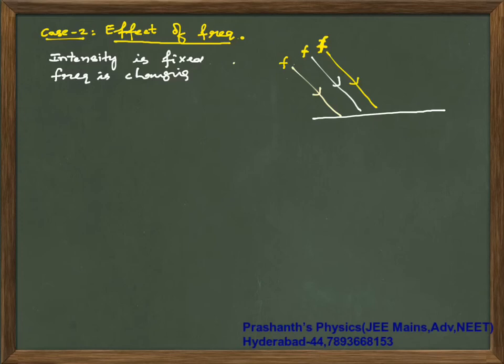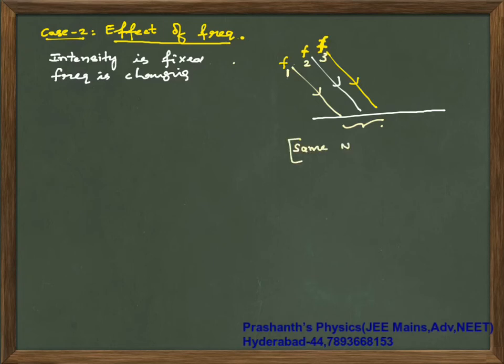You are keeping the brightness fixed. Here f1, f2, f3 are three different frequencies, and for all three the intensity is the same. Intensity is the same means the same number of photons.